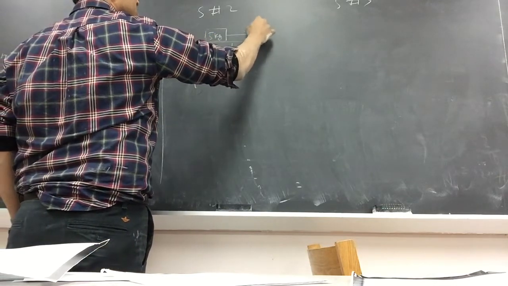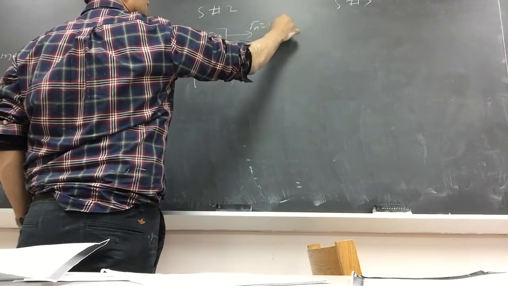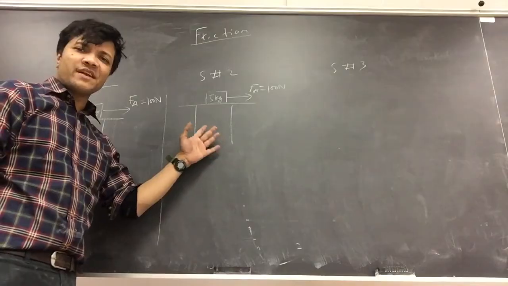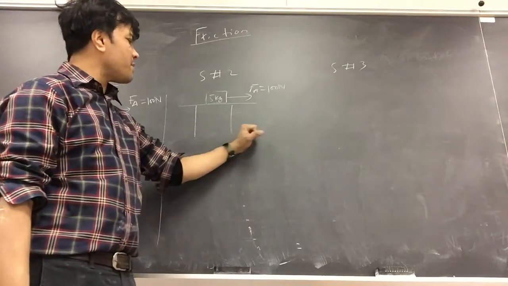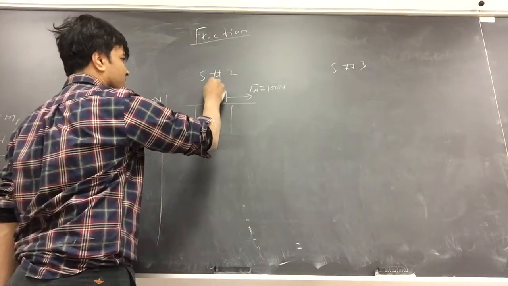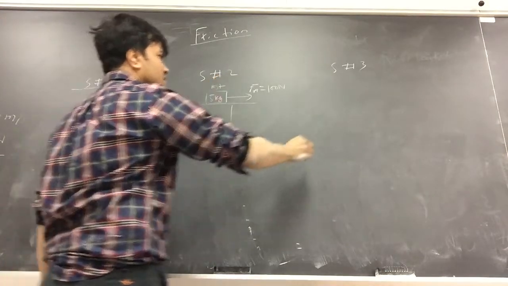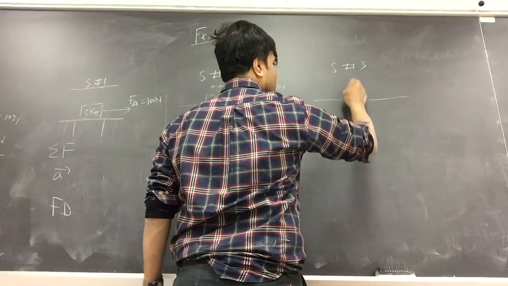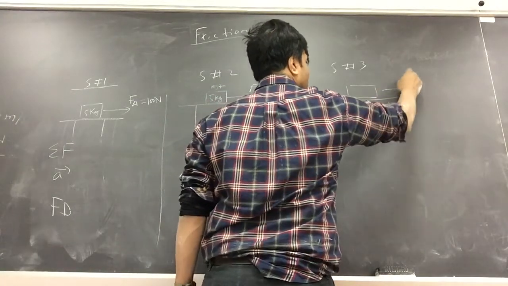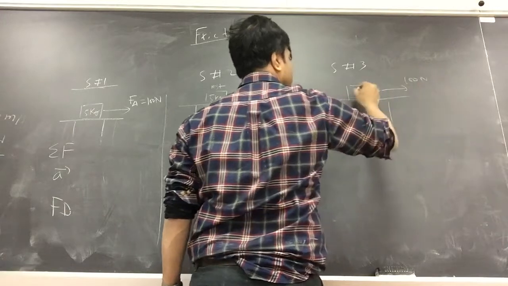Applied force is 100 Newton. This is the very beginning, when the object is at rest. And this is when the object is already in motion. 100 Newton, 5 kilogram.